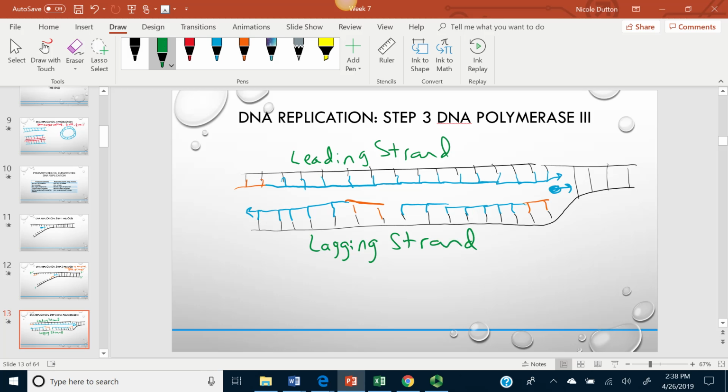This strand is synthesized backwards in fragments or in chunks, and those chunks are known as Okazaki fragments. So helicase is going to keep going around and opening up the rest of the DNA, and since we're talking about bacterial DNA replication, this is going to keep going around in an entire circle, all the way around until it gets back to the origin of replication.